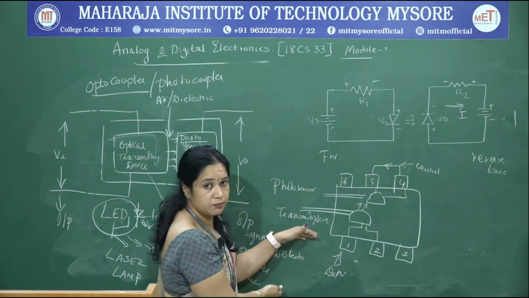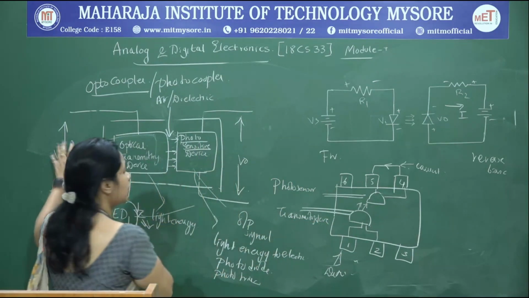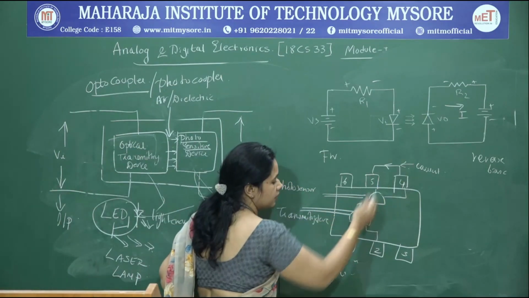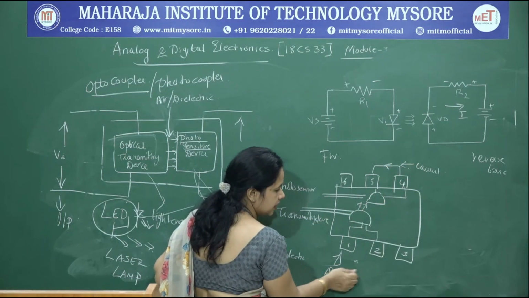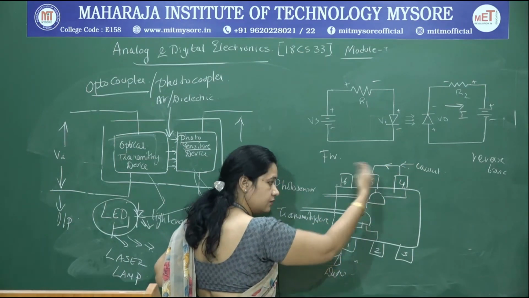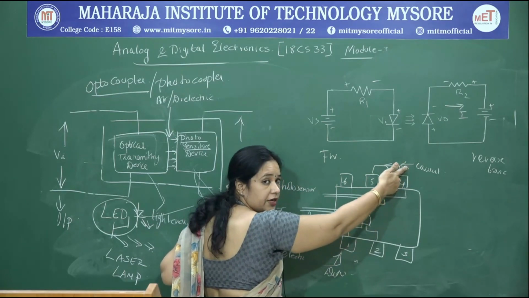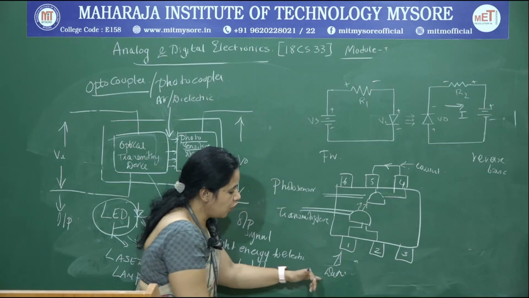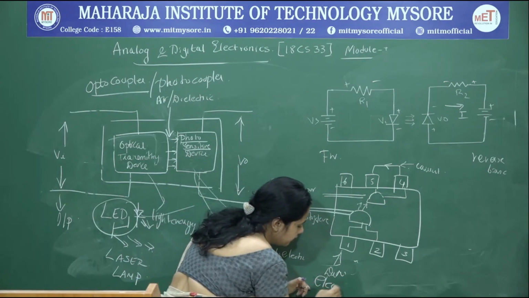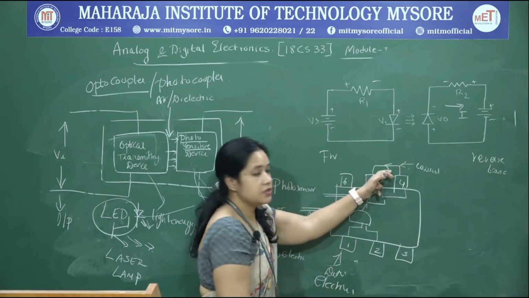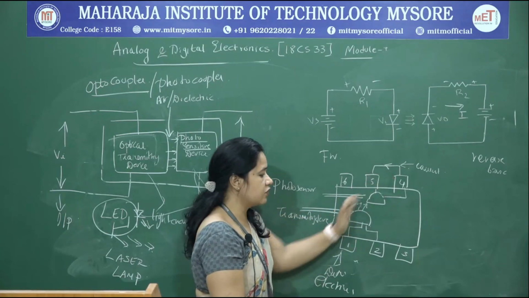This happens to be the input part of the optocoupler, and this happens to be the output part. So, what we do here is the electrical signal is converted into light signal, and this is picked up by the sensor and it is converted back to current signal. As a result, you are transmitting your electrical signal from this portion to this portion. Why this conversion?